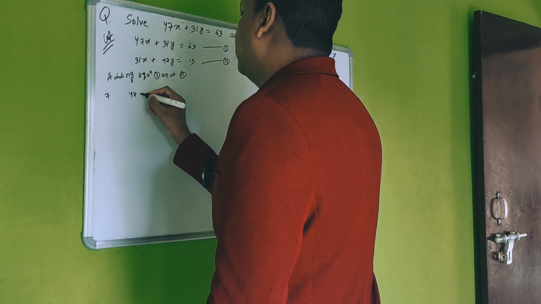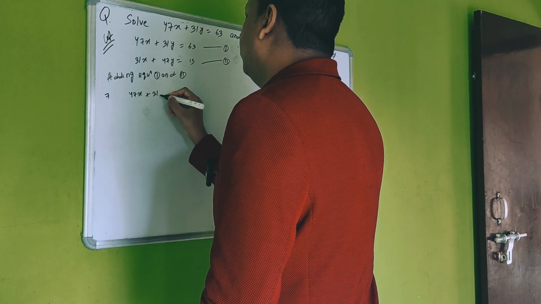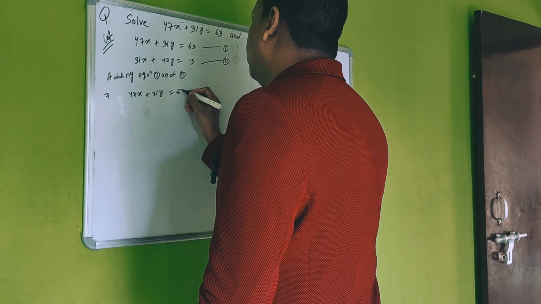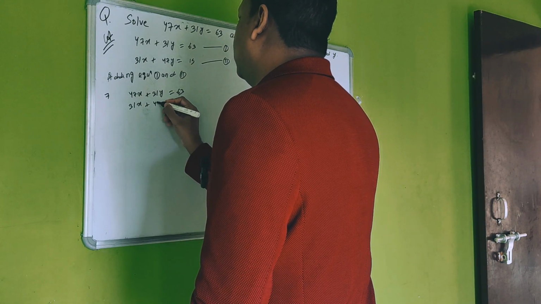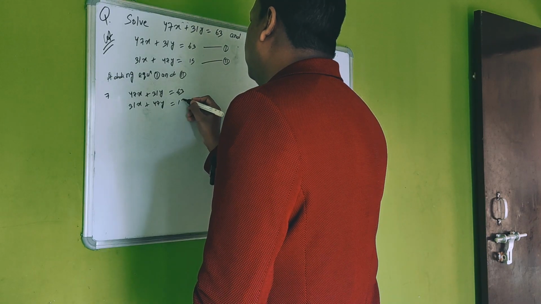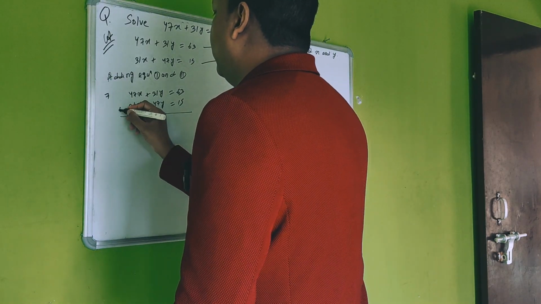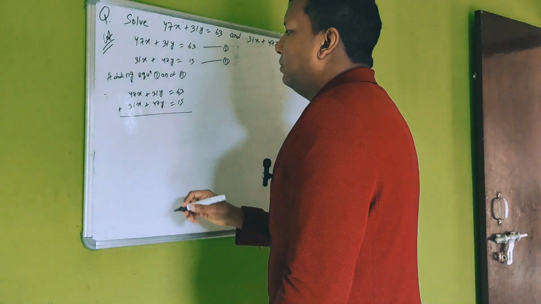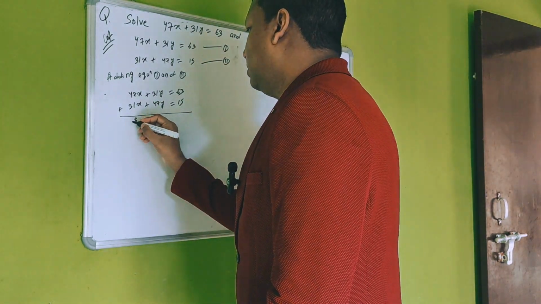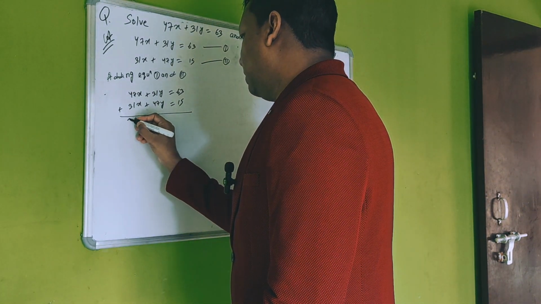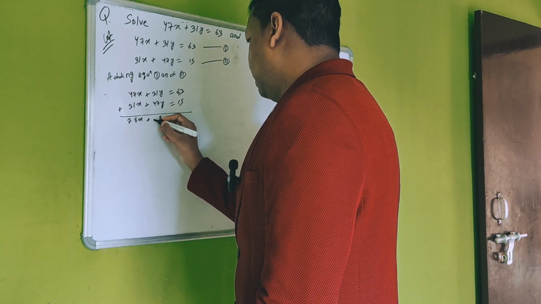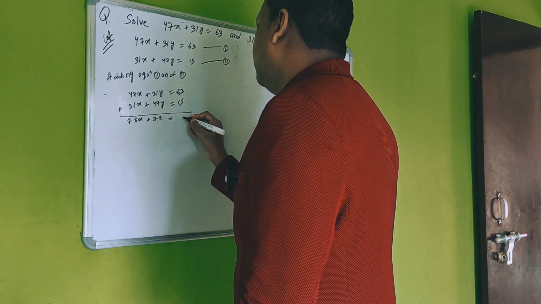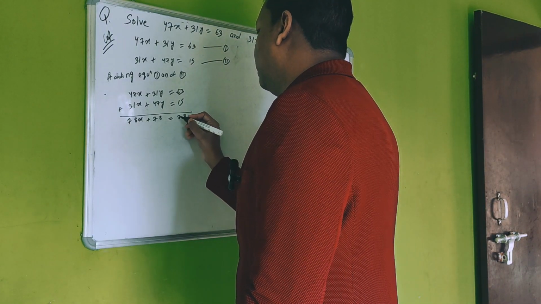Here this is 47x plus 31y equal to 63, and here 31x plus 47y equal to 15. So adding: 7 plus 3 is 10, and 4 plus 3 is 7.